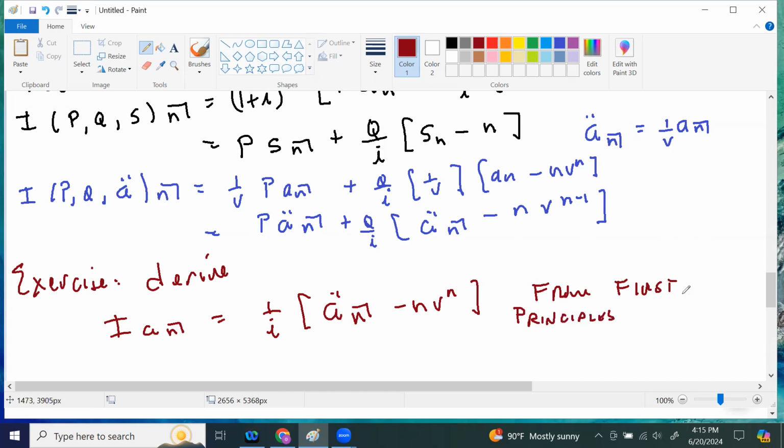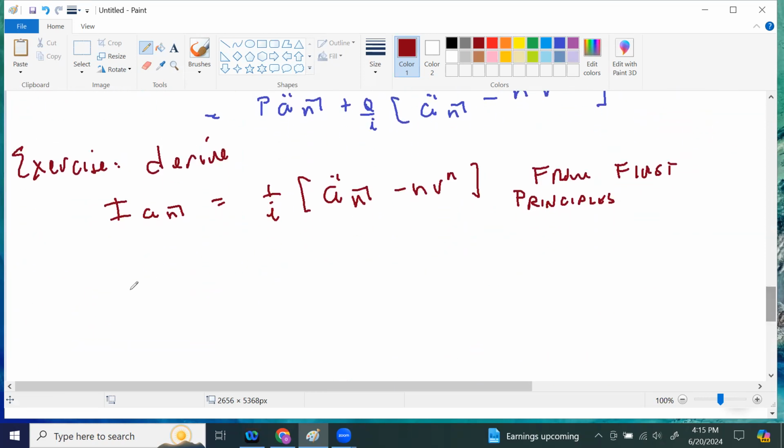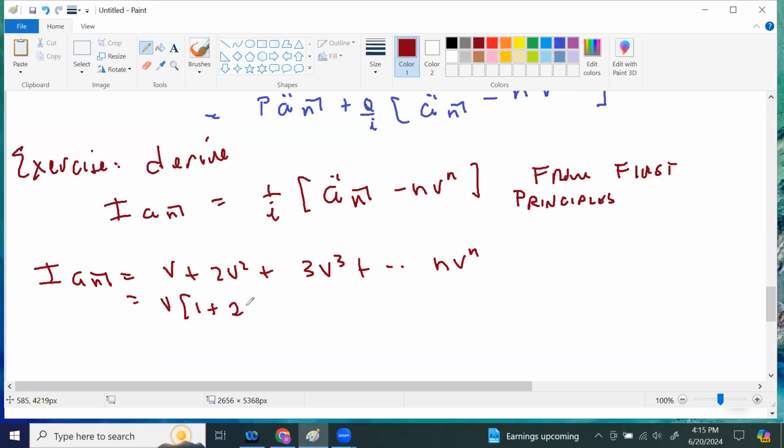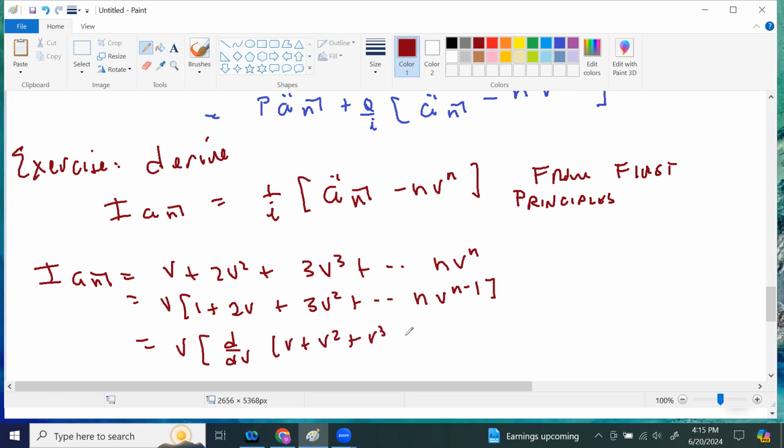And what I mean by first principles is that if you write this thing out like so, and if you factor out a v, you get 1 plus 2v plus 3v squared plus n v to the n minus 1. We end up with this being the derivative of v plus v squared plus v cubed plus v to the n.